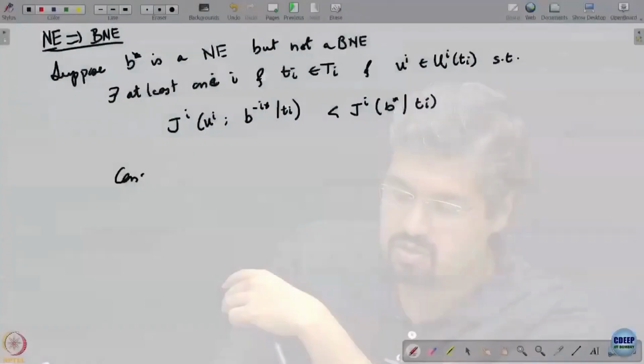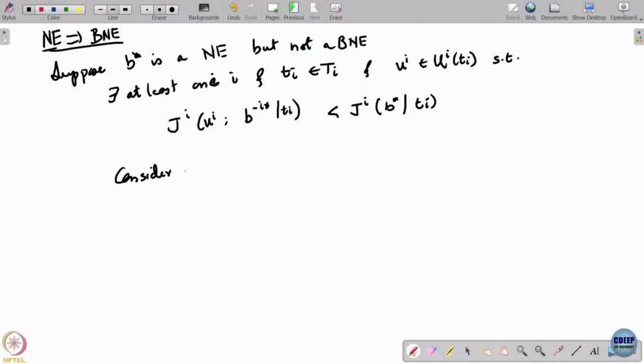Now consider, so that's exactly this construction here. Consider B hat i. This guy mimics B star i for all types except for this particular one. So let us call this Ti dash, for all Ti dash not equal to Ti.